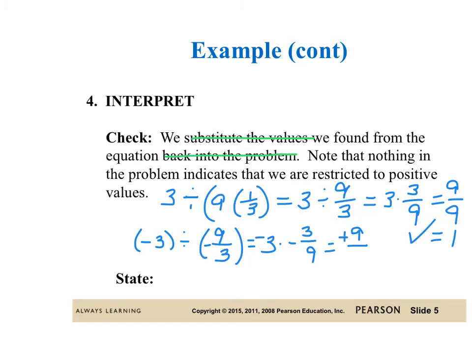Excuse me, it would be positive 9 because we have negative 3 times negative 3 is positive 9 over 9, which again equals 1, and so that answer also checks.